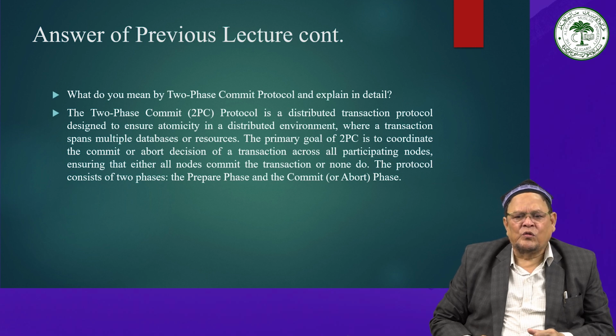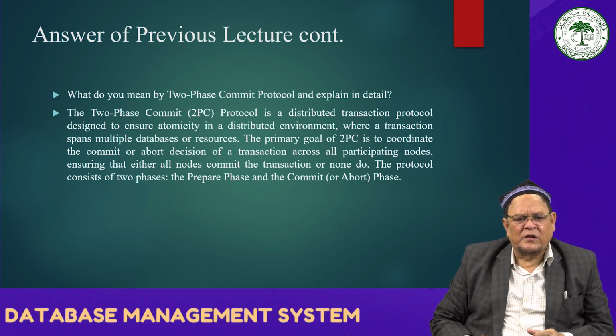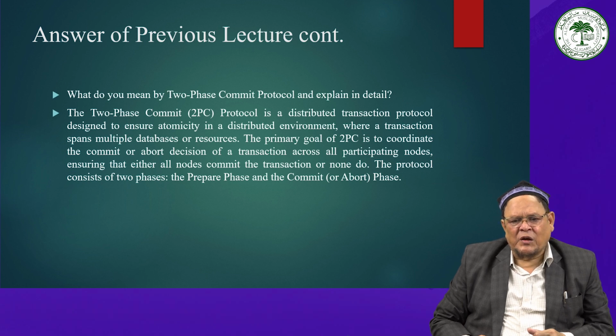The primary goal of two-phase commit is to coordinate the commit or abort decision of a transaction across all participating nodes, ensuring that either all the nodes commit the transaction or none do. The protocol consists of two phases, the prepare phase and the commit or abort phase.